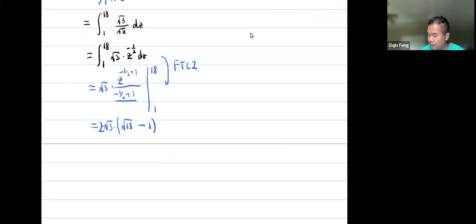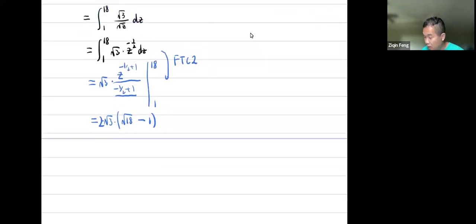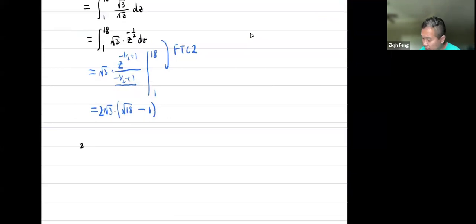So now let's see one more example, Example 2. Integration from 1 over root 3 to root 3 of 8 over 1 plus x squared dx.